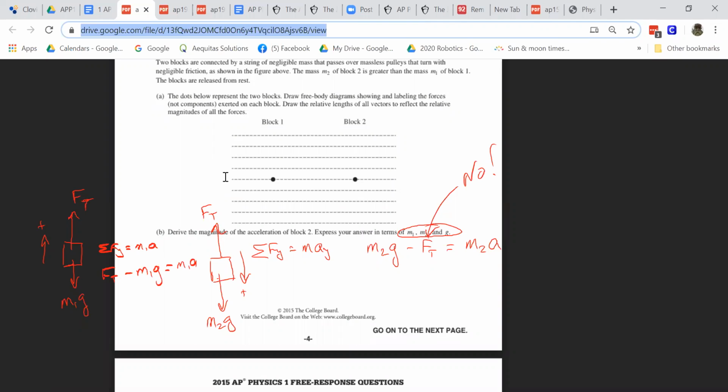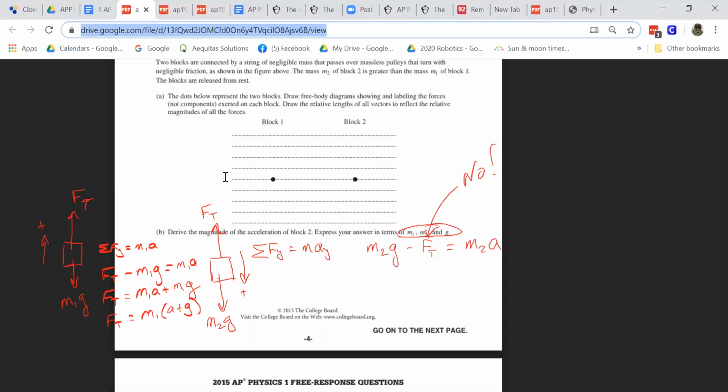So what this lets me do is solve for FT. So FT equals M1 times A plus M1 times G, or we can make it a little simpler. FT equals M1 times (A plus G).